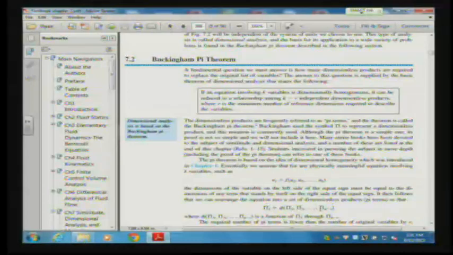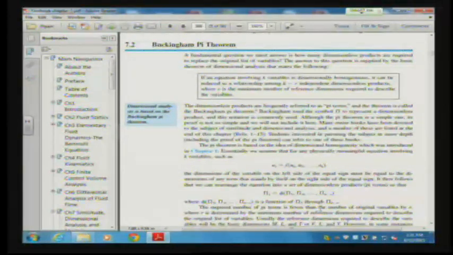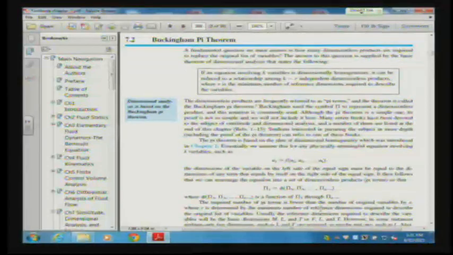We don't want it to appear over here. So almost always, that's the case. Not always, but you need to choose repeating variables so that you don't make delta p sub l a function of delta p sub l. That doesn't really help you in any meaningful way. All right, so the rest of this just talks about all of this.